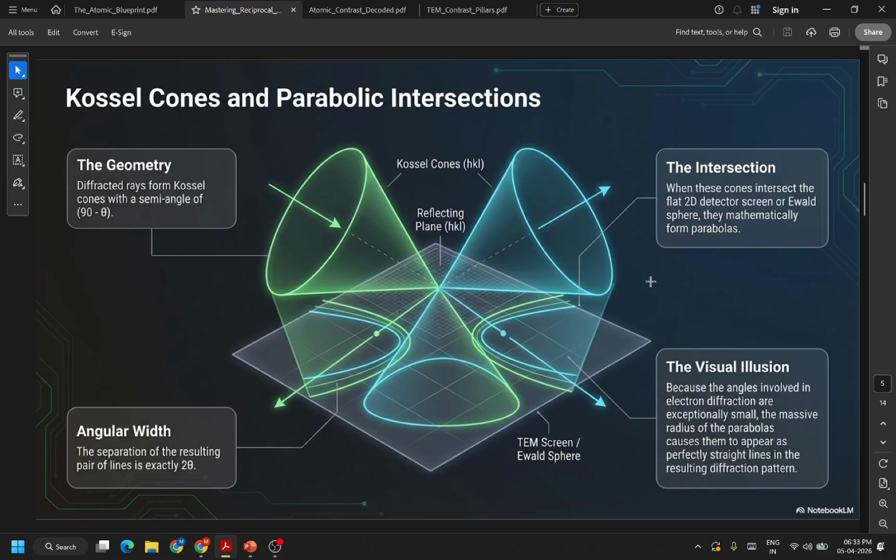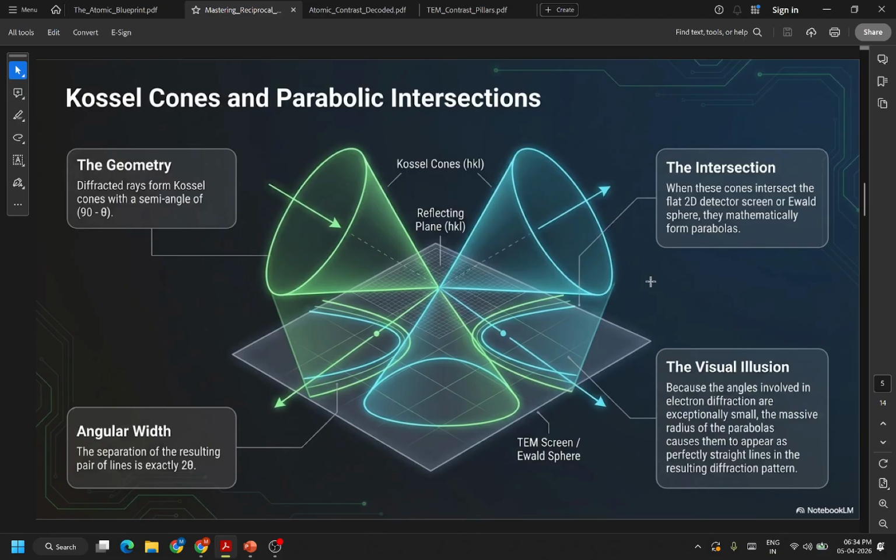When these cones intersect the flat 2D detector screen or Ewald sphere, they mathematically form parabolas. Because the angles involved in electron diffraction are extremely small, the parabolas have a very massive radius, which means in the region where we are seeing them, we see them almost as perfectly straight lines in the resulting diffraction pattern.